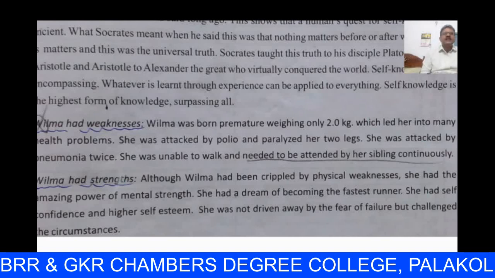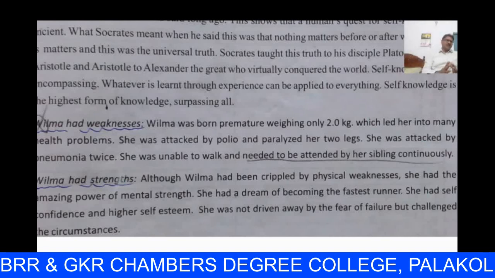Let us see. Wilma had strengths. On the other side, she had strengths. She had weaknesses and she had strengths. What are her strengths? We can see. Although Wilma had been crippled by physical weaknesses, she had the amazing power of mental strength.